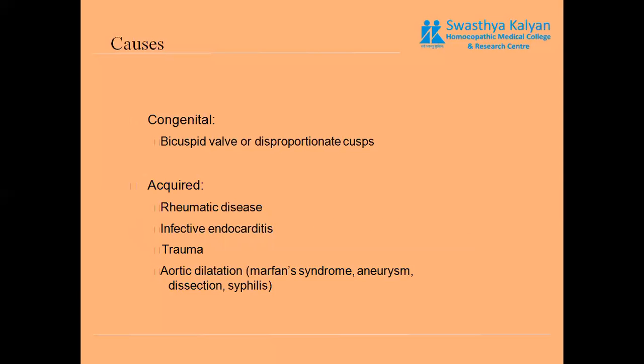The acquired ones can be a result of rheumatic disease. It can also be due to infective endocarditis, trauma, aortic dilatation, like in the cases of Marfan syndrome, aneurysm dissection, and as a part of tertiary syphilis, causing complications in the heart.